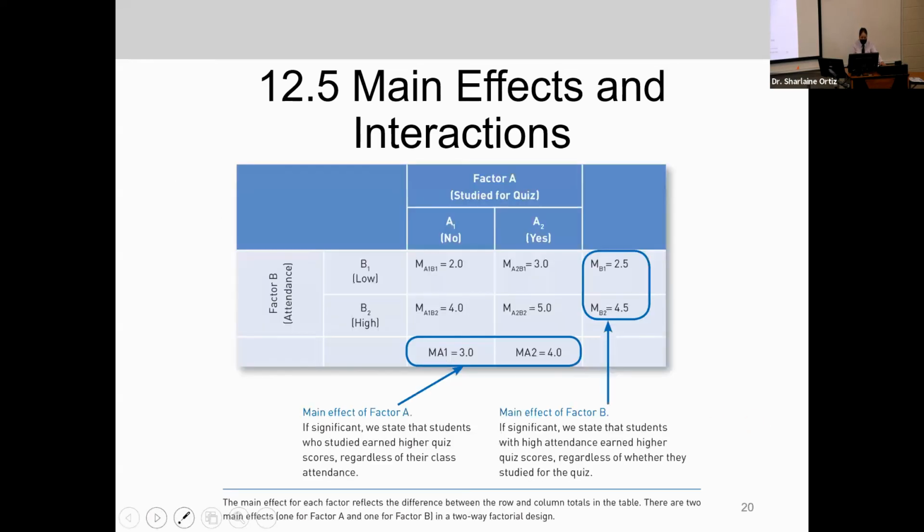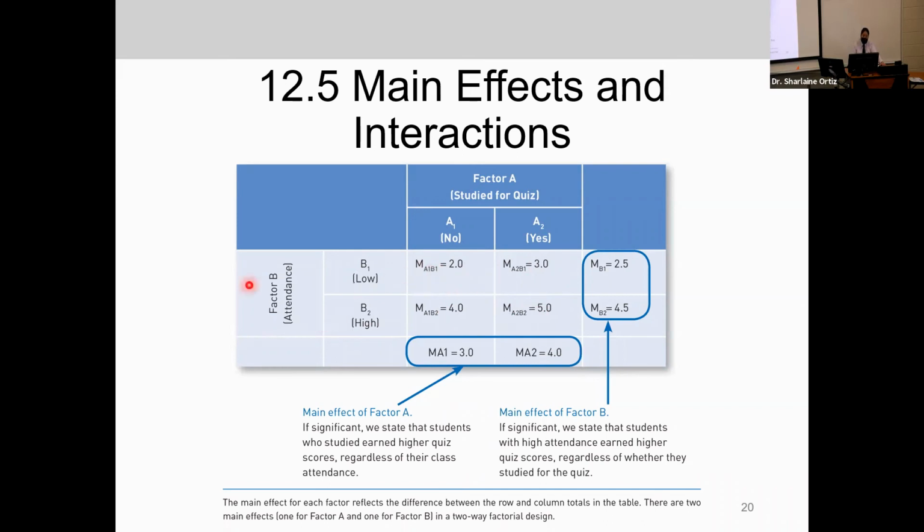So let's take a look at a potential illustration. Notice that the first factor for this design is that the student studied. The student studied for a quiz. And the second factor is attendance. Here I'm going to create my four groups: group 1, group 2, group 3, and group 4.